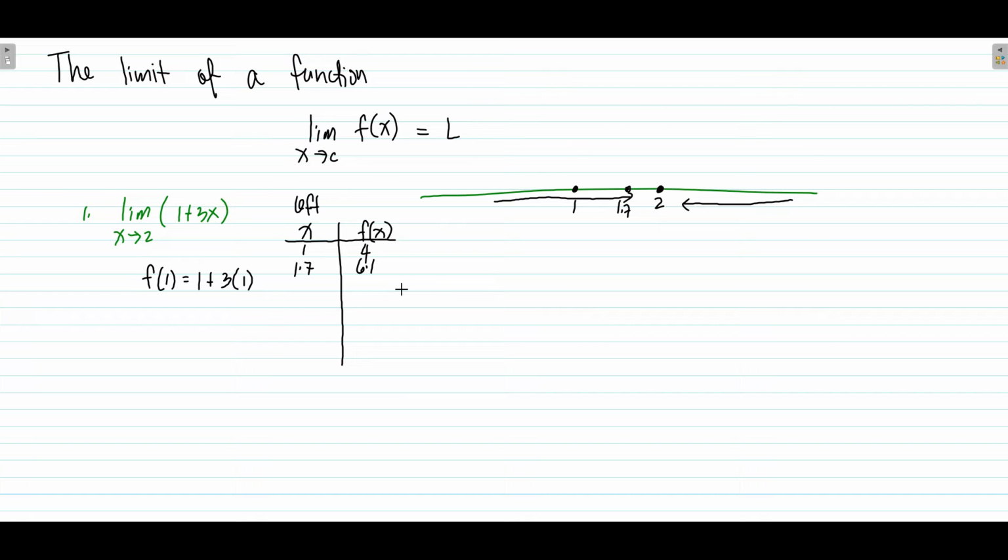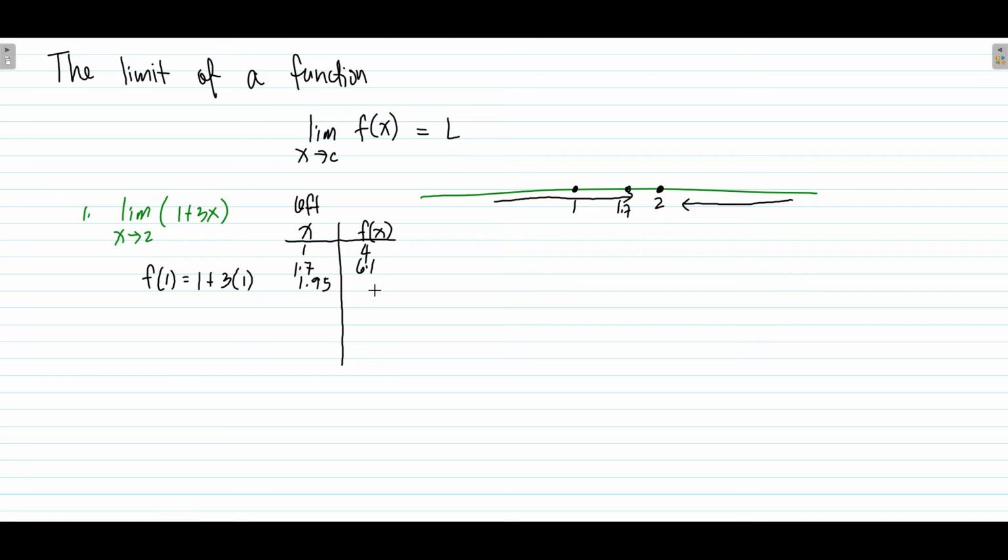So, at x equals 1, nagiging 4 si function. At x equals 1.7, the function gives us 6.1. Pero once again, we would like to get close enough to positive 2. So, pwede natin kunin yung 1.9. Or pwede, mas malapit, 1.95.